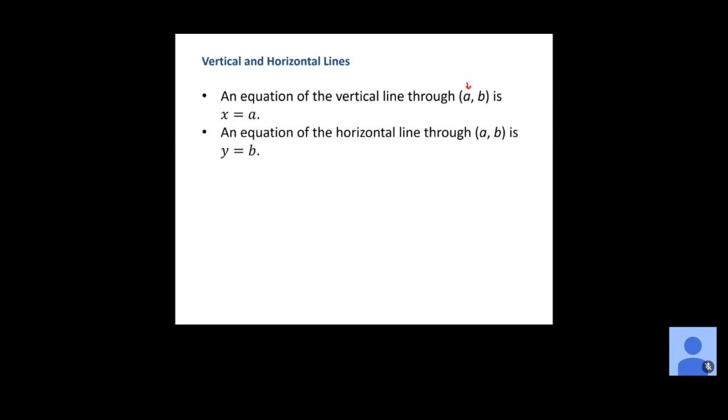Now, if we have a horizontal line that goes through a point (a, b), then we're going to use the y value, which is b, and we're going to write our equation as y equals b, because that would give us a horizontal line where every point along that line has a y value of b. So basically, vertical lines, x equals some number. Horizontal lines, y equals some number.